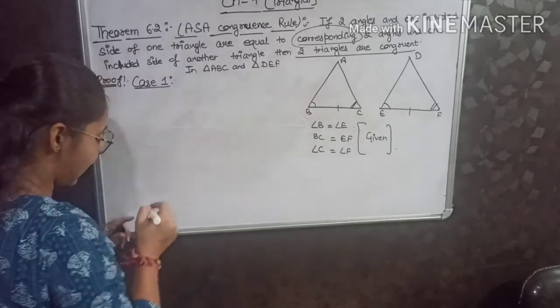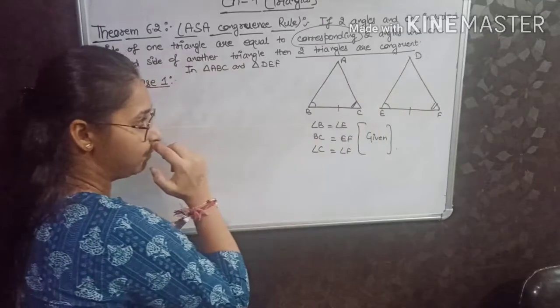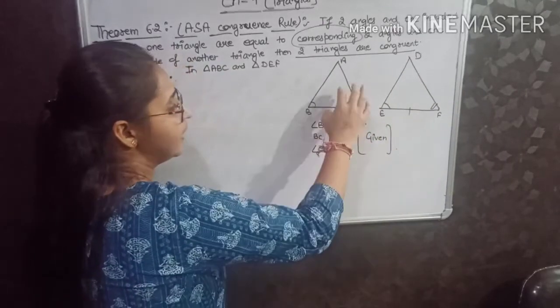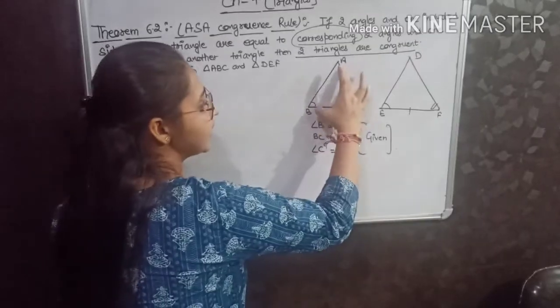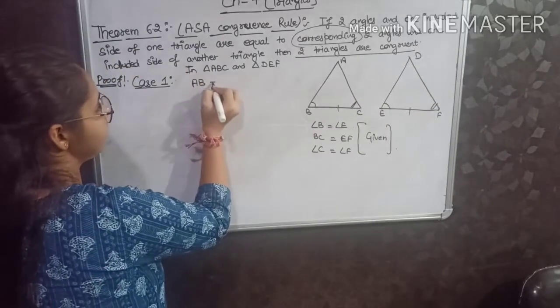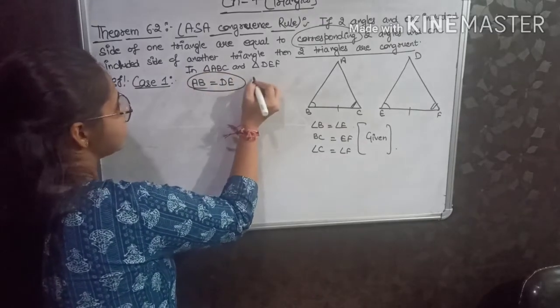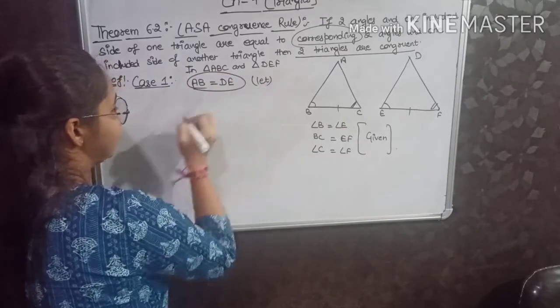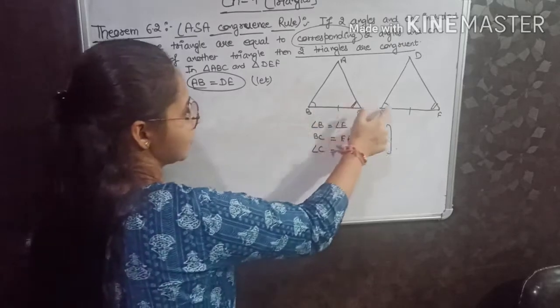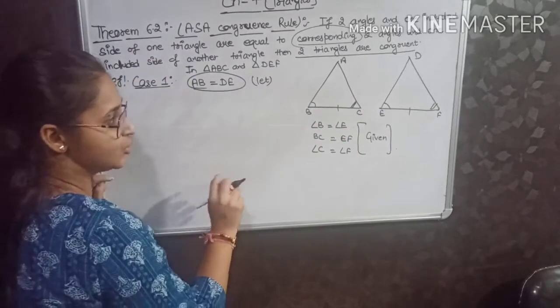The first case that I am doing is, if I take AB is equal to DE. This is the assumed quantity. Let me take AB is equal to DE. Now see, AB is equal to DE, this is assumed.